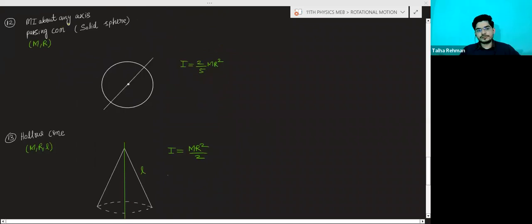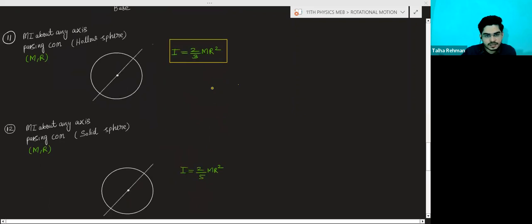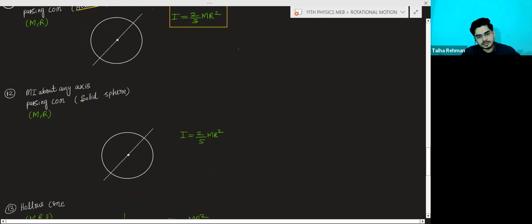Okay, so the moment of inertia about any axis passing through the center of mass of the solid sphere is 2 by 5 M R square. Now see one thing. This is 2 by 3 M R square for the hollow sphere, and for the solid sphere it is 2 by 5.